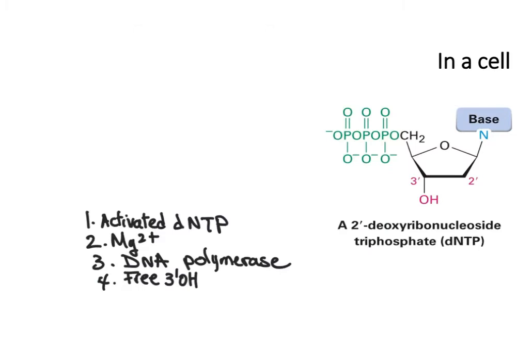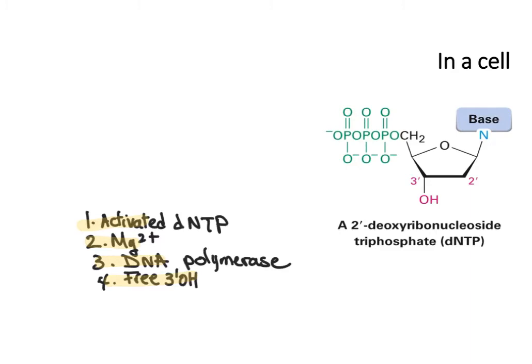When we discussed DNA replication, we mentioned the components necessary, and that included a template. We included activated nucleotides, magnesium 2+, DNA polymerase, and a primer that provided the first 3' OH to start the elongation of the growing chain.